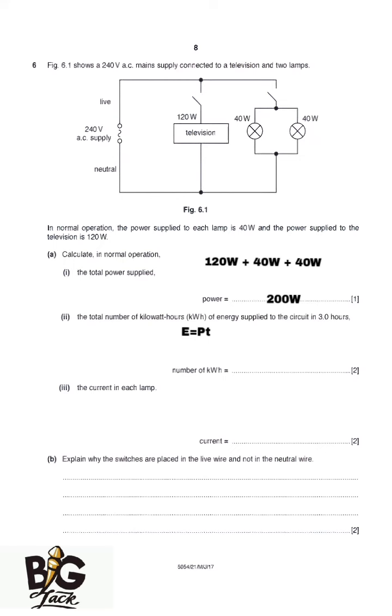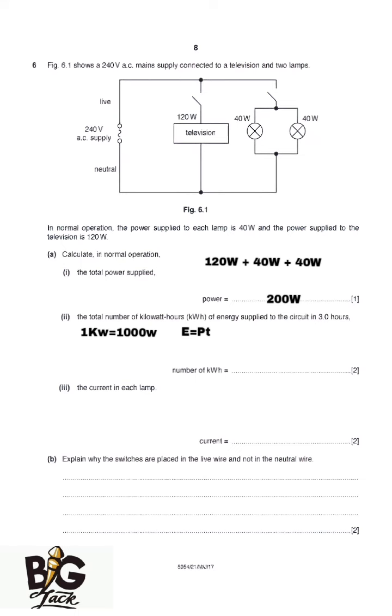The question is saying the total number of kilowatt hours of energy. So we need to make sure that power is in kilowatts and time is in hours to calculate the energy. 1 kilowatt is equal to 1000 watts.